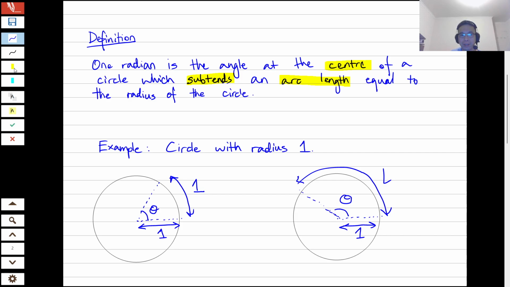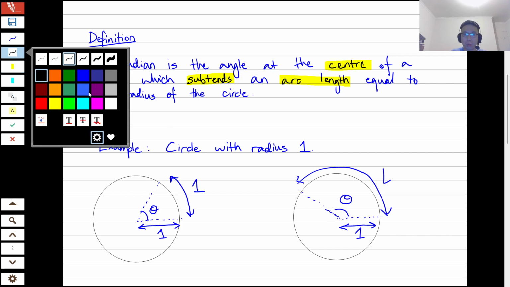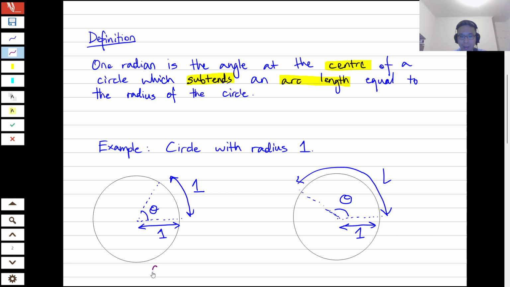So here I've got an example for a circle with radius 1. So here's the radius, and here is the arc length. If I set up the angle at the center so that these two lengths are exactly the same, then we're going to call that 1 radian. So in this first diagram here, theta is 1 radian.